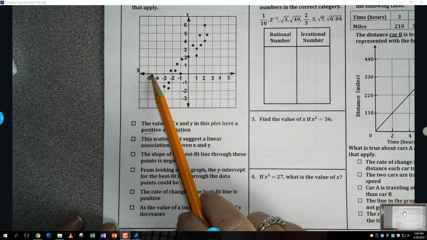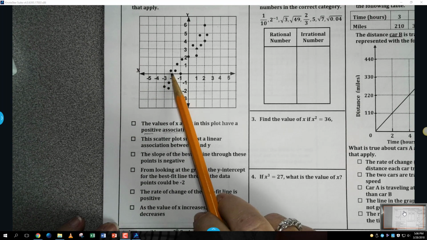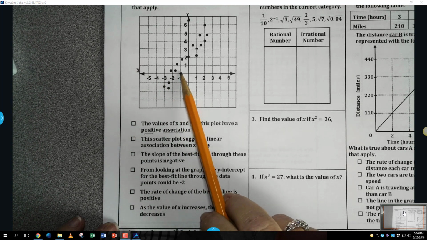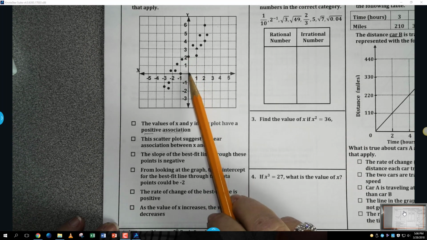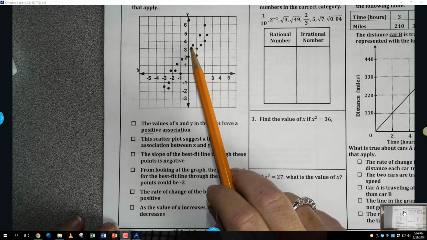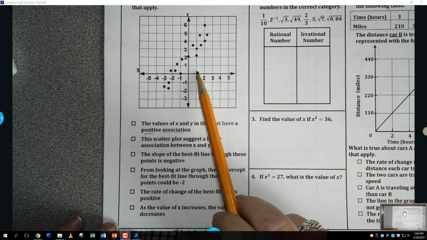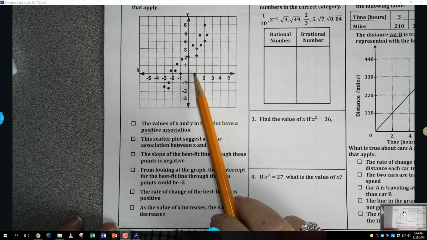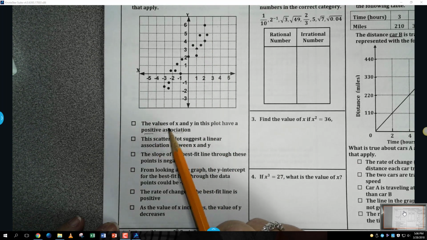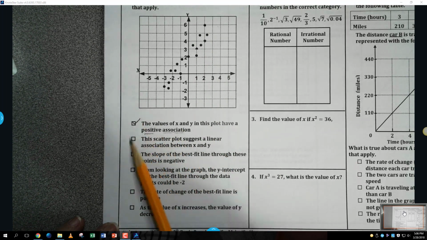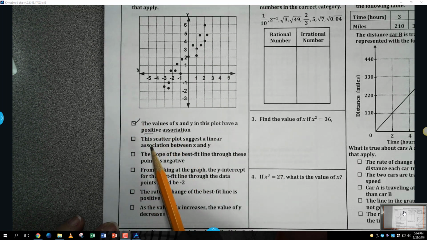As I move from left to right, these y values are bigger, and I move here, and these y values are bigger. This is, in general, what is happening to the pattern. Okay, so yes, they do have a positive association.